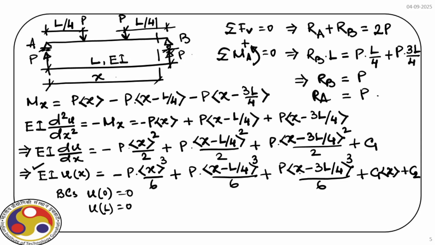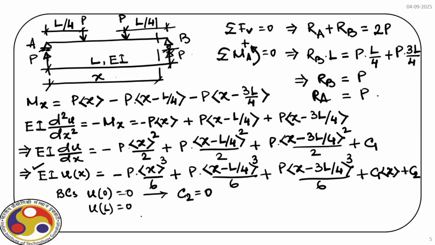And then the third term, x minus 3L by 4. Again, if you put x equal to 0, this term also vanishes. And C1 x, because x equal to 0, this term also is equal to 0. So we are left with C2 is equal to 0. Right. So we get the first condition C2 equal to 0.